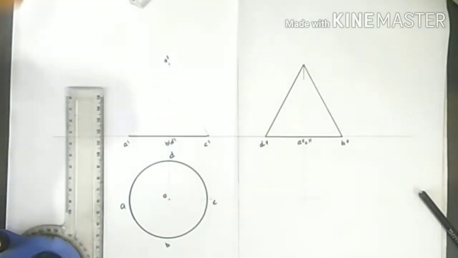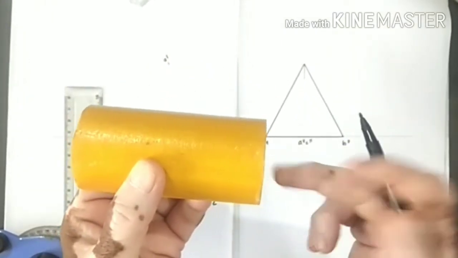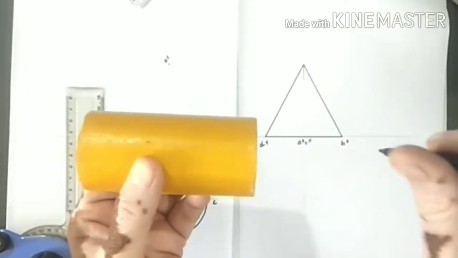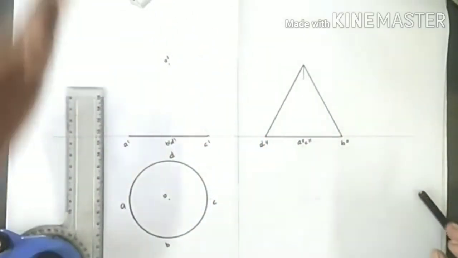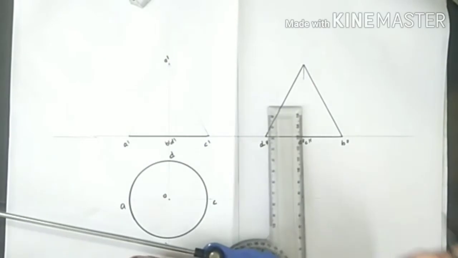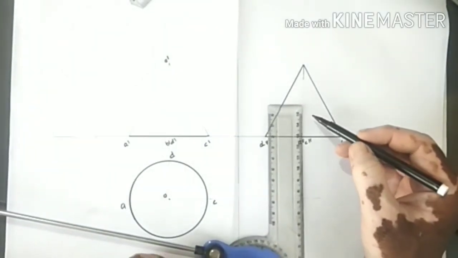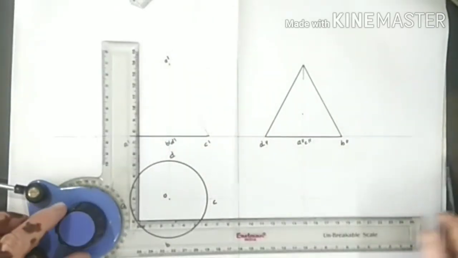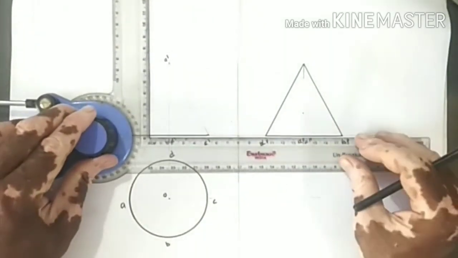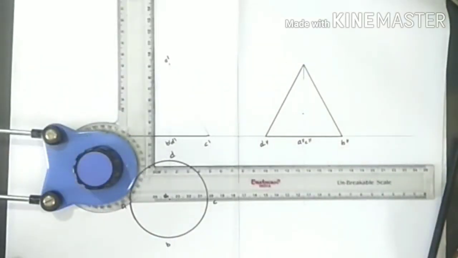It is penetrated by horizontal cylinder of diameter 35. Axis of cylinder is intersecting the axis of the vertical cone at a distance of 20 mm from the base. So this 20 mm from the base, and diameter of the cylinder is 35 mm.